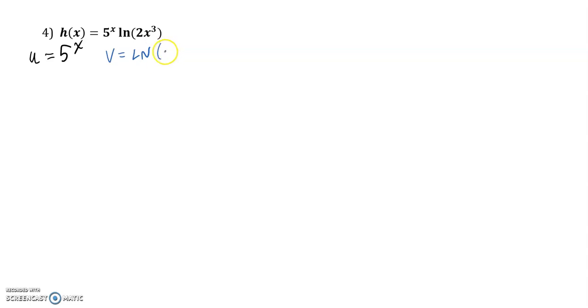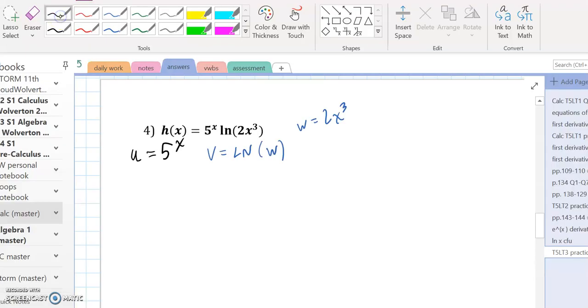So I'm going to make this w, because that's a cool letter, and w equals 2x cubed. Okay, so I'm still looking at u prime v plus u v prime, and so I'm going to have to chain rule within the chain rule for that second one. But we'll get to that. So back to black here.